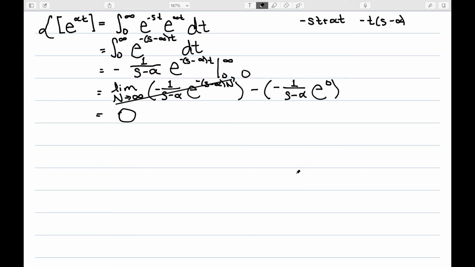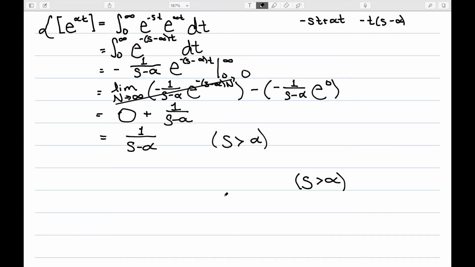So we're going to need the added condition that s is greater than alpha, so that this number here remains positive, and then the negative sign in front of it will mean this is e to the negative n. And then we have plus 1 over s minus alpha. So my actual Laplace transform is 1 over s minus alpha, where s is greater than alpha. So I do have a restriction for my domain on this one.